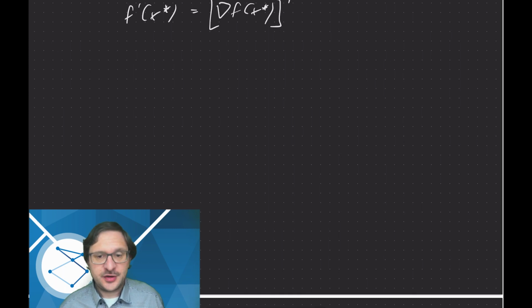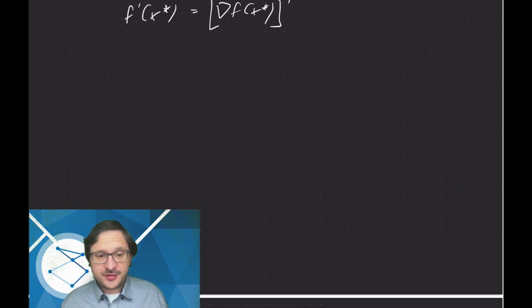It also is partially differentiable for all directions. And the partial derivatives are just the components of the total differential. So in other words, if we want to compute a total differential, then we can just use the partial derivatives. We just need to be sure that the total differential actually exists.